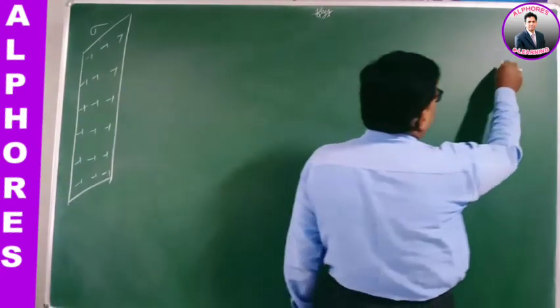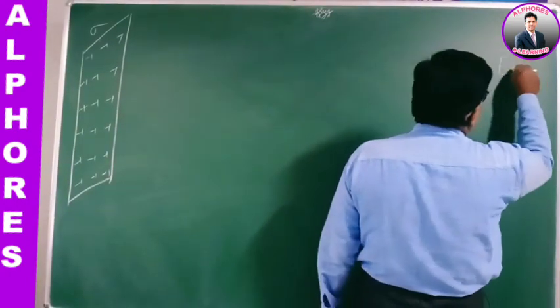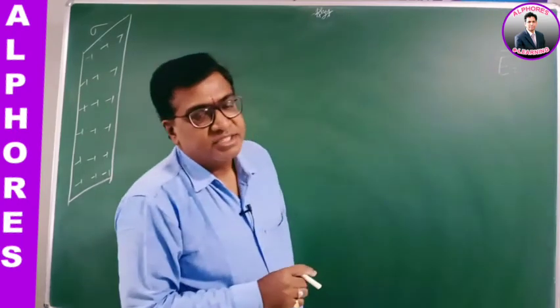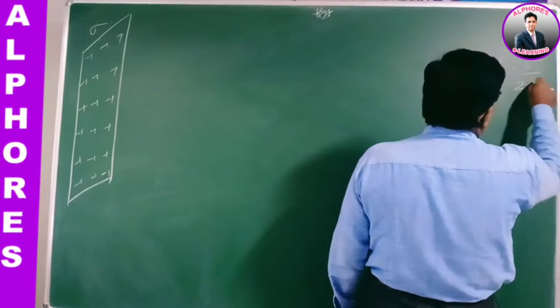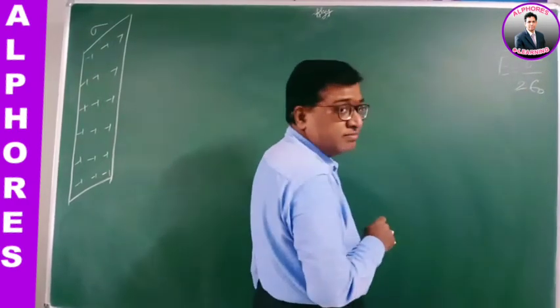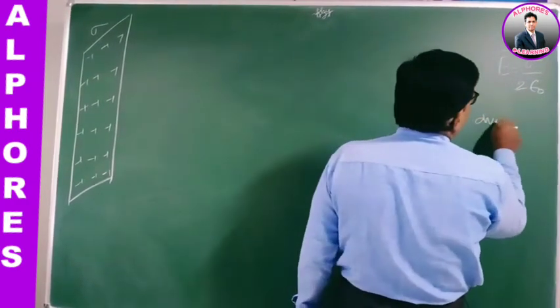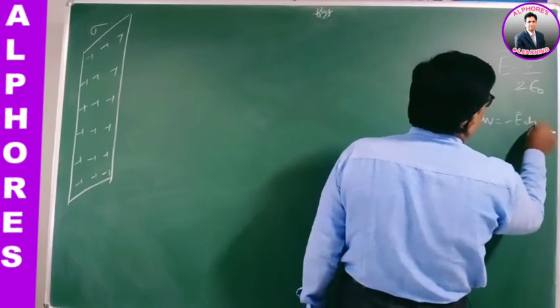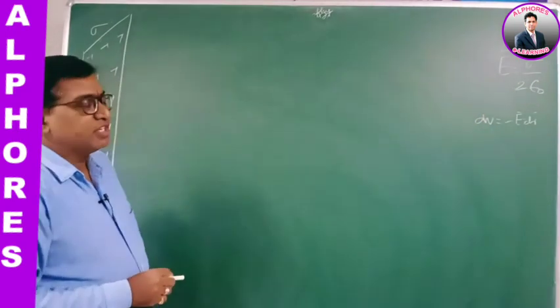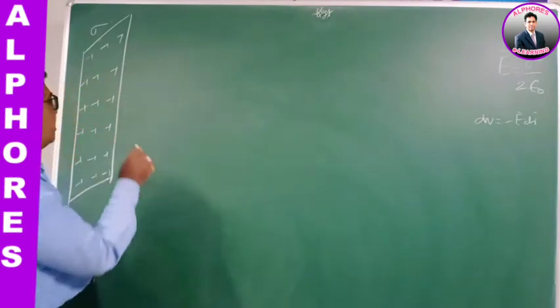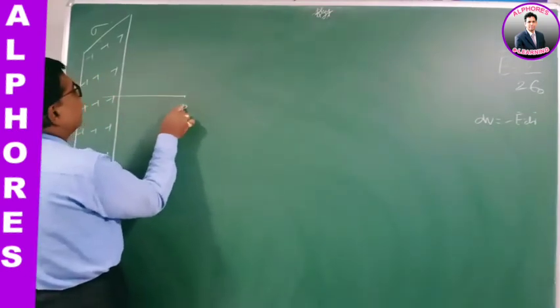For a non-conducting infinite charged sheet, we know the electric field strength E is sigma by 2 epsilon naught, and dV is equal to minus E dr. Using these two, we can derive the formula for the electric potential due to the infinite charge sheet at a point P, at a distance R.